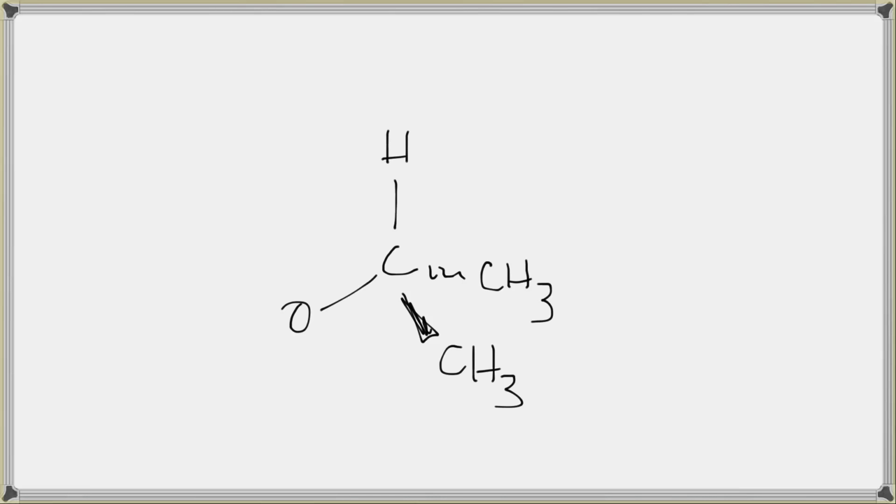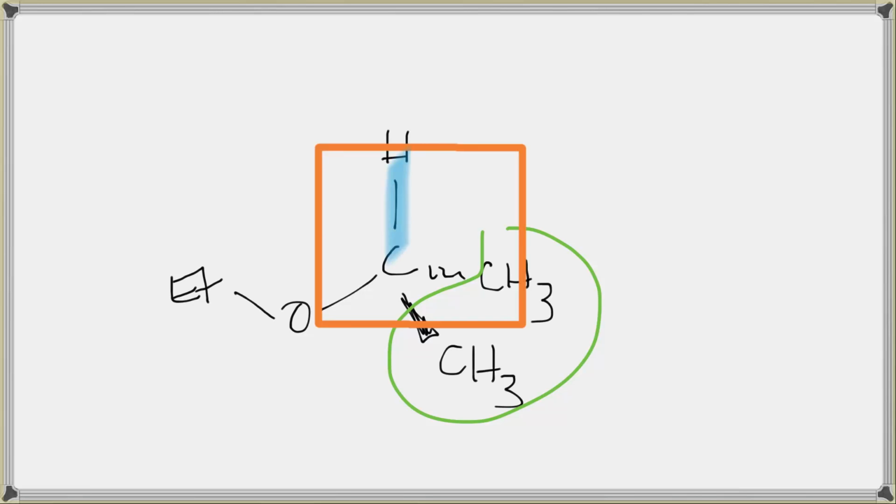So erase all our strokes. Remember that molecules are three-dimensional beasts. And when I look at the three-dimensional nature of this particular molecule, by symmetry, I could put a nice plane right down that oxygen-carbon-hydrogen bond angle. And what that would do is show me that these two methyl groups are in fact symmetrical. They're equally distributed on either side of that orange plane.